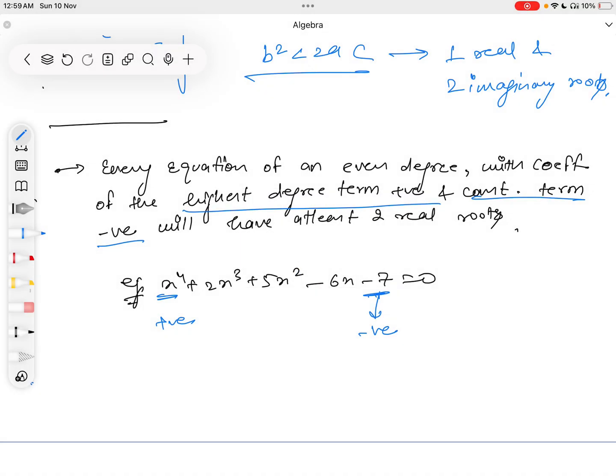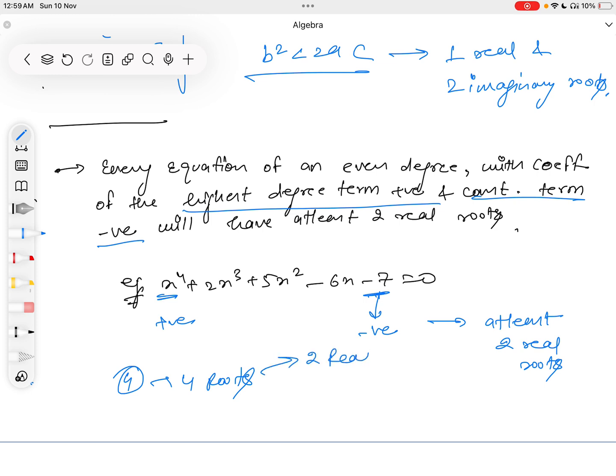Now since both of these are true, this will have at least two real roots. Since this is of degree 4, it will have 4 roots. But we know that at least two real will be there. The other two could be real or imaginary, I don't know. But one thing that I know for sure is that two real roots will be there.